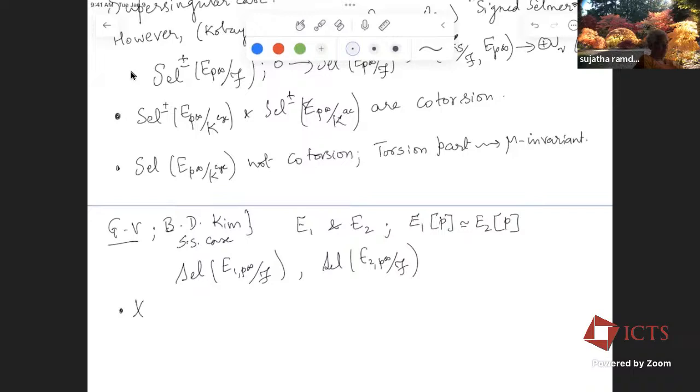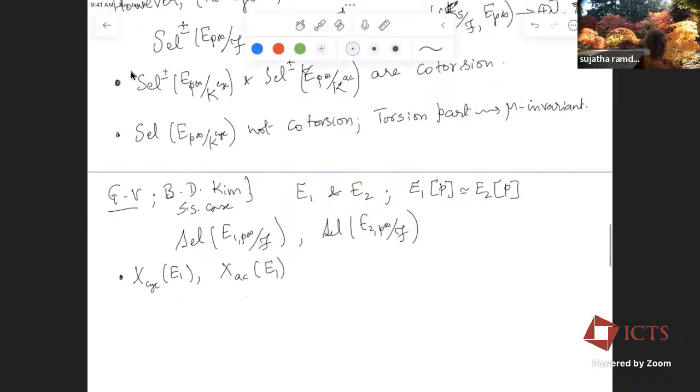So I have X cyclotomic of E1, X anticyclotomic of E1. These are the dual p^∞ Selmer groups over the cyclotomic extension and the anticyclotomic extension. Then I have the dual fine Selmer groups, Y cyclotomic E1, Y anticyclotomic E1. And then we also have the plus minus.